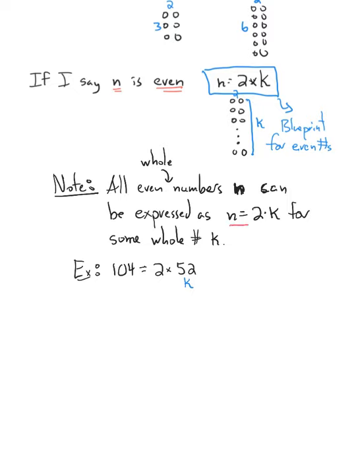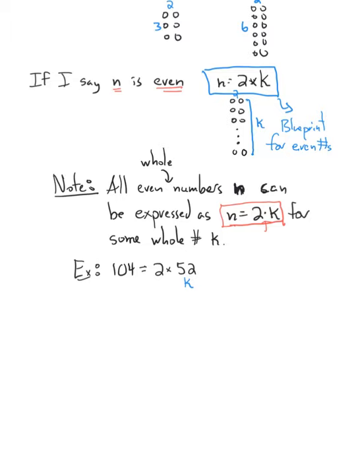So whenever we want to write down a general even number, we can say, well, it's even, so we must be able to express it as 2 times some other number. That's the key for this section.